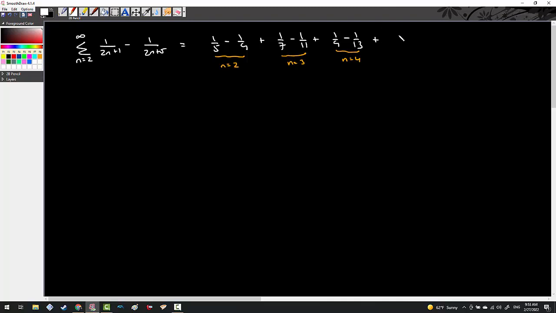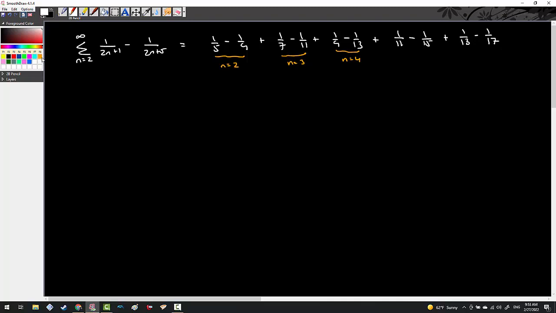So now after the 1/9 minus 1/13, the next term is going to be 1/11 minus 1/15. Again, the 1/11 can now cancel out, but I've still got some things that are surviving. Let's keep on going. I'm going to do one more term, and that's going to be 1/13 minus 1/17.